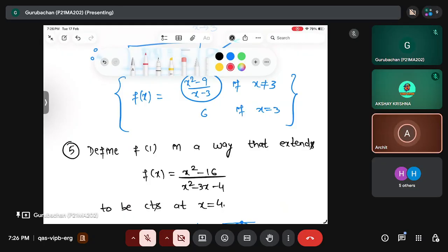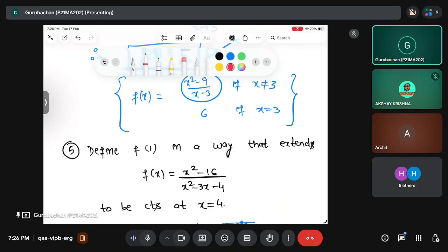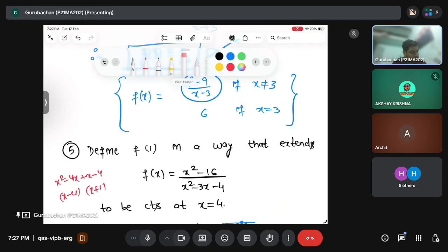Sir, in this question, define f of 1 or define f of 4? Let me see. So there will be x square minus 4x plus x minus 4. So this will be x minus 4 and x plus 1. So this will be f of 4.